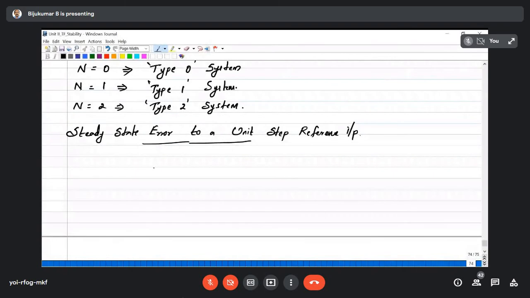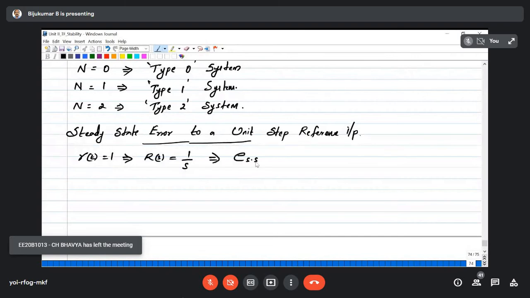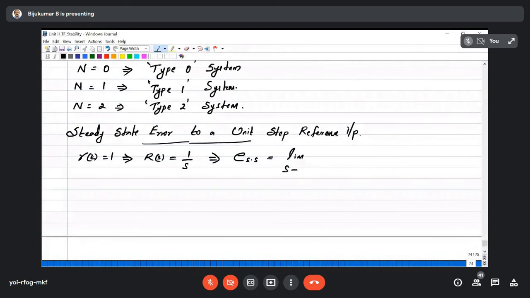So I want to know how the steady state error will vary with respect to this type. Okay. So for a unit step input, it is 1. So if you take Laplace transform, it becomes 1 by S. Okay. Now we know the expression for steady state error is limit s tends to 0, s multiplied by R of s divided by 1 plus G of s H of s.